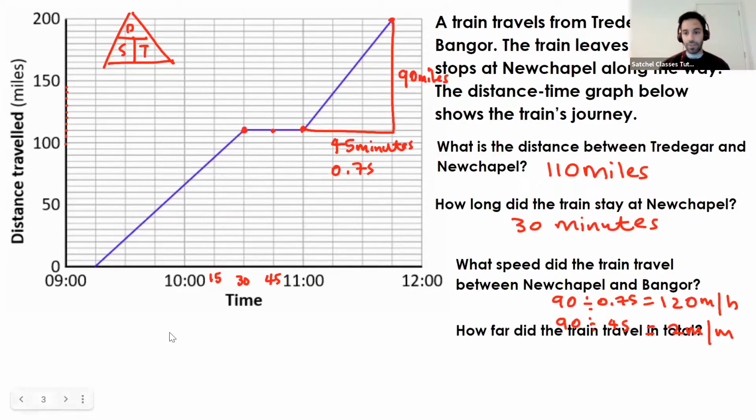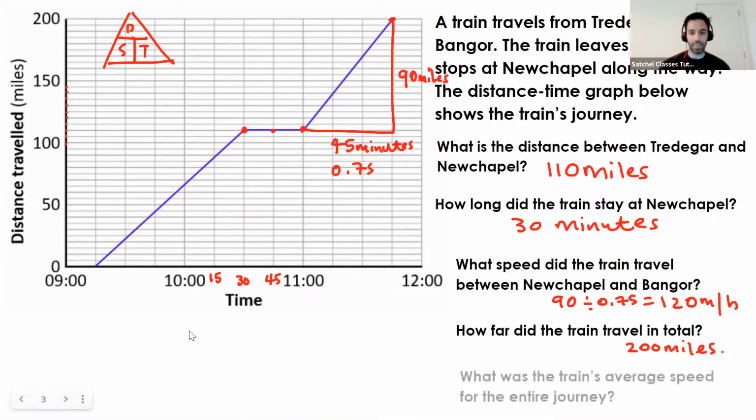So it says, how far did the train travel in total? Well, in total, we're starting at 0, and then that's going to be up to 200 miles. So the total distance traveled is 200 miles, because that's where the journey ends.